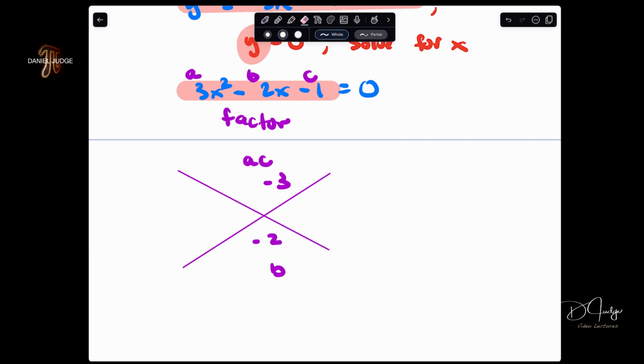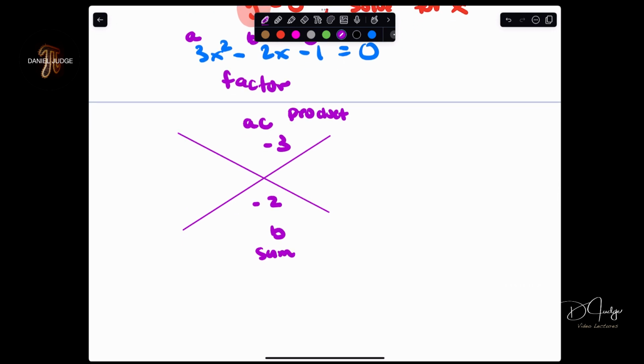Crisscross method. We're going to need two numbers that multiply to negative 3, where the product goes here, and the sum has to be negative 2. So it looks like negative 3 times 1. We're going to put those numbers right here.